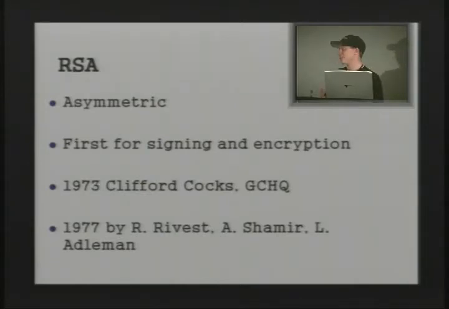But in 1977, Ron Rivest, Adi Shamir, and Len Adleman described it too. Now, we didn't know about the Clifford Cocks one in 1973 because he was working for the British government at the time. And while he was working on it, it was classified information, so he didn't actually get the claim to fame for this one.